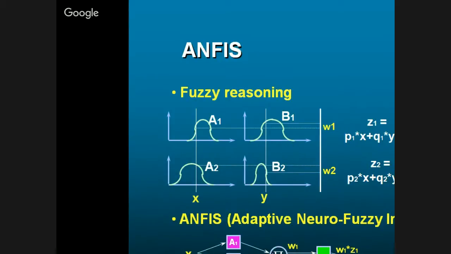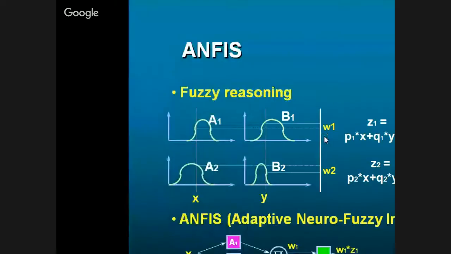Now after that, the weights W1 and W2 have to be defined. This weight W1 depends on, say, if X is a particular value, let us take the temperature is some 67 degrees C. For that 67 degrees C you will see what A1 is, and similarly for a particular moisture value, B1.